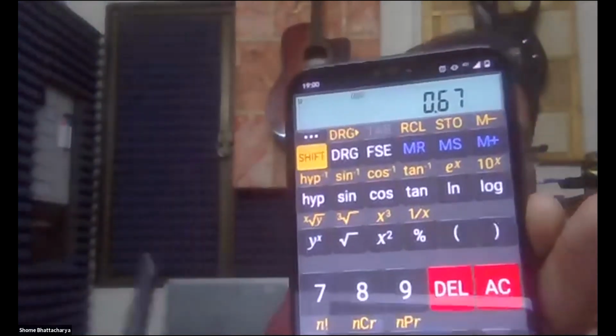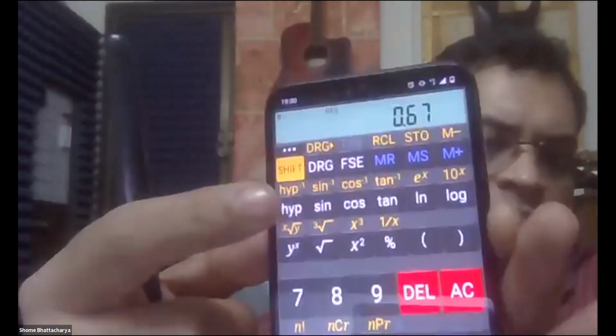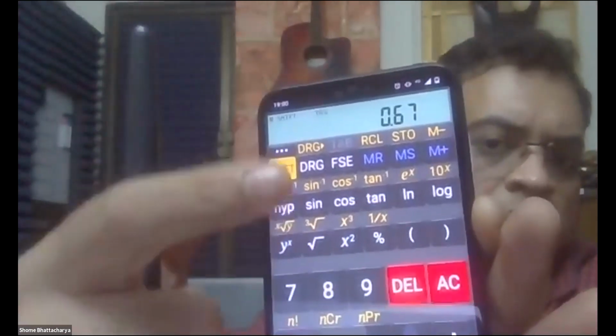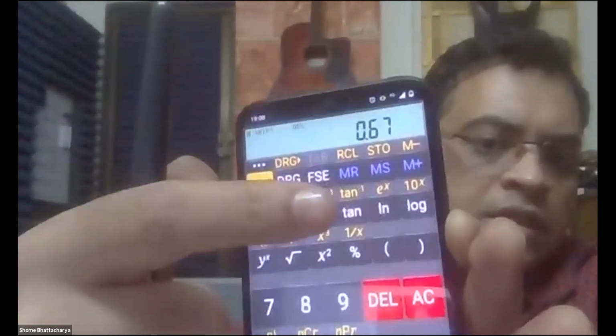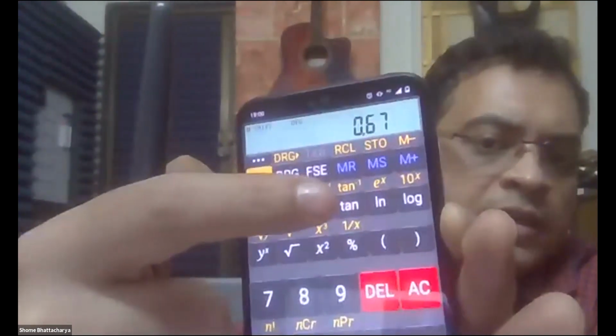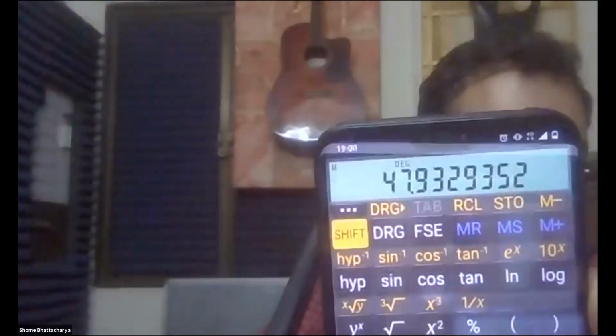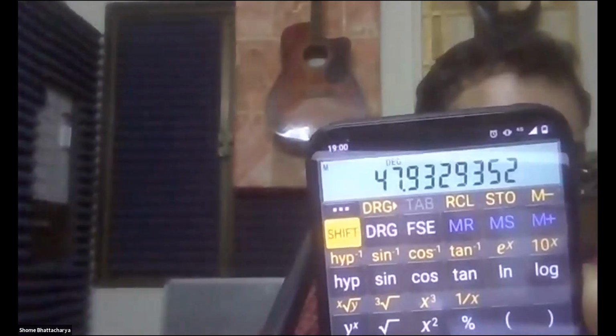So I've typed the value 0.67. Then I will type this shift button here, so that gives me the inverse function. I want to do cos inverse of that, so I'll type cos. You can see it's giving me close to 48 degrees.